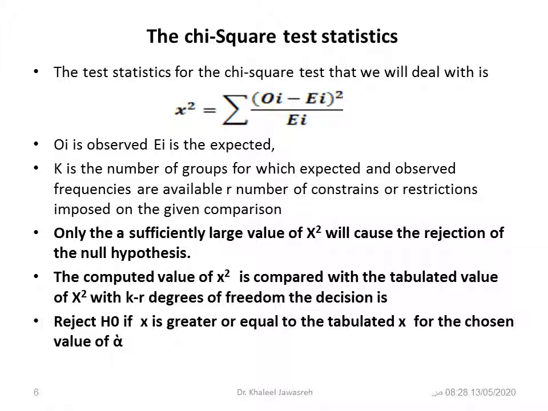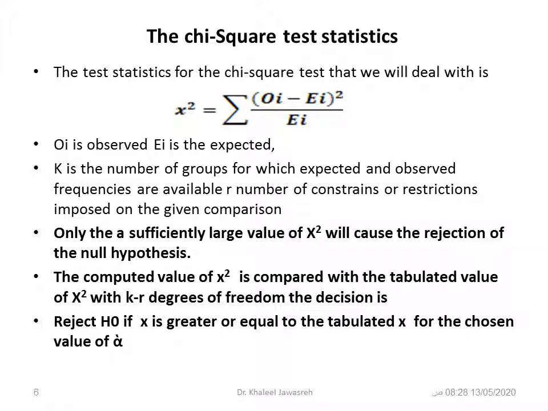This is the general formula for finding the chi-square value. K, over the summation, is the number of groups for which expected and observed frequencies are available, minus the number of constraints or restrictions imposed on the given comparison. It can be put in the summation as R and K.